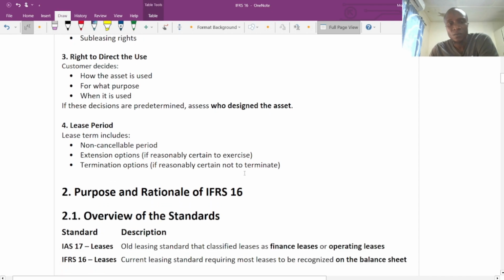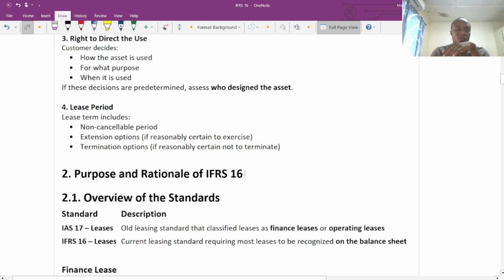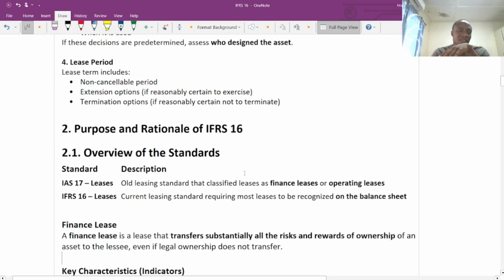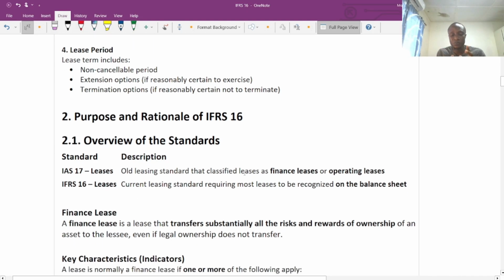So now, very important concepts for us to understand as well. As an accountant, you need to know the background of your accounting standard. So now, we are going to compare and contrast the previous accounting standard, which is IAS 17, and the current accounting standard, which is IFRS 16. IAS 17 was the old standard for leases, and IFRS 16 is the current standard for leases.